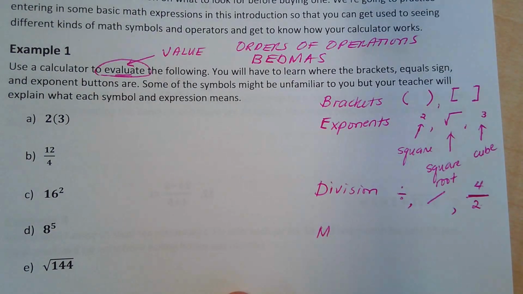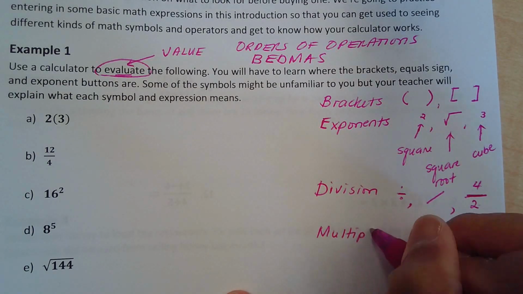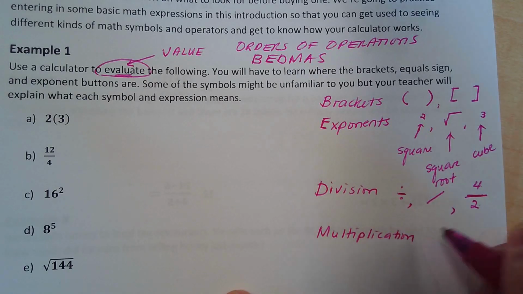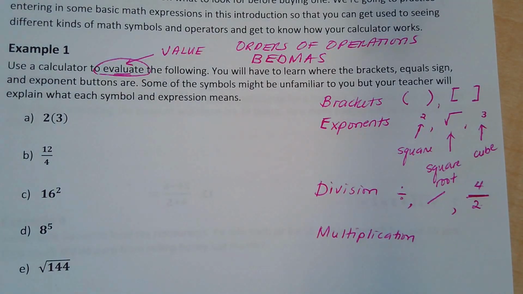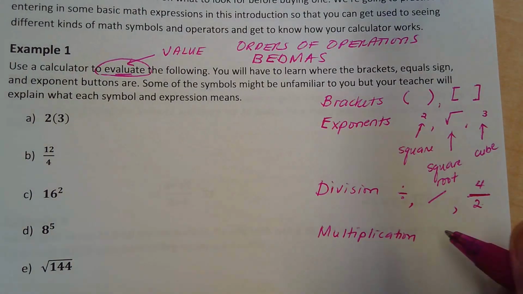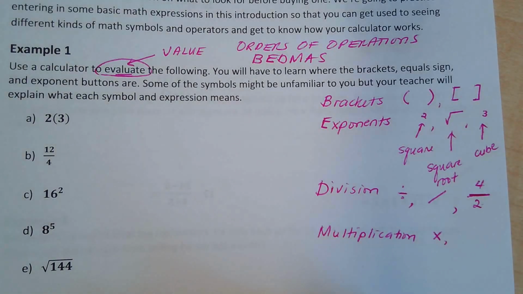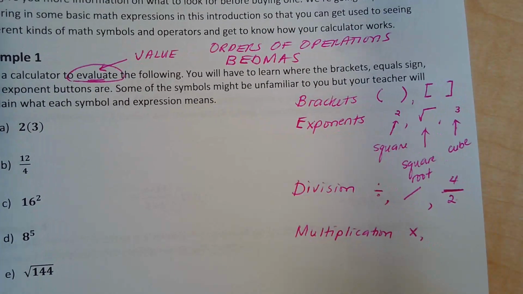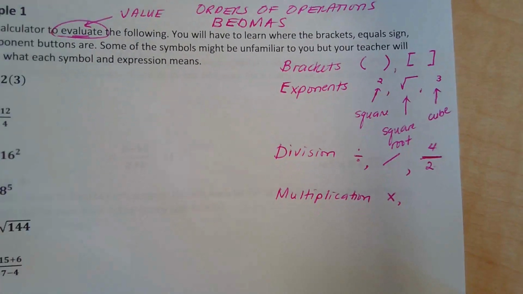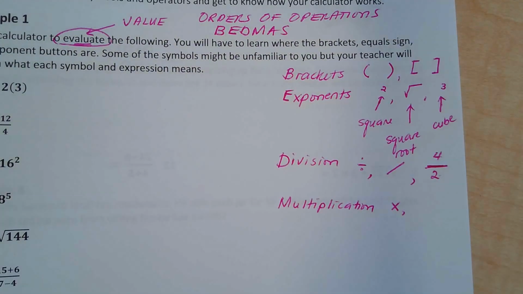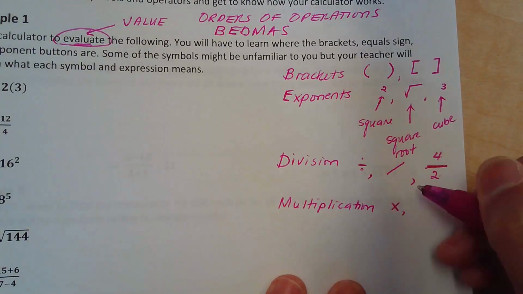Now, M is multiplication. What symbol do we normally use to show multiplication? The X, yeah. It could be X to show multiplication.